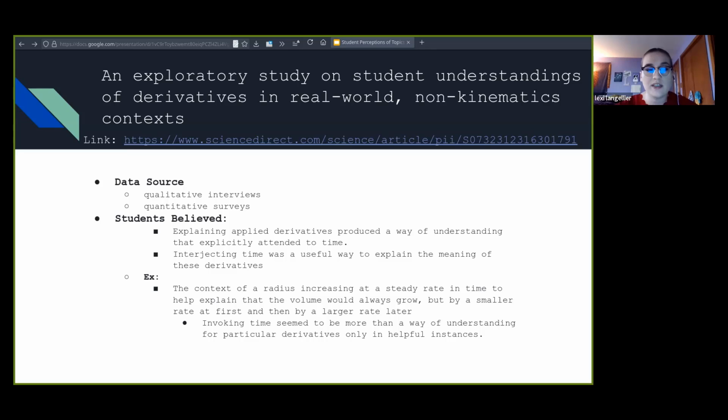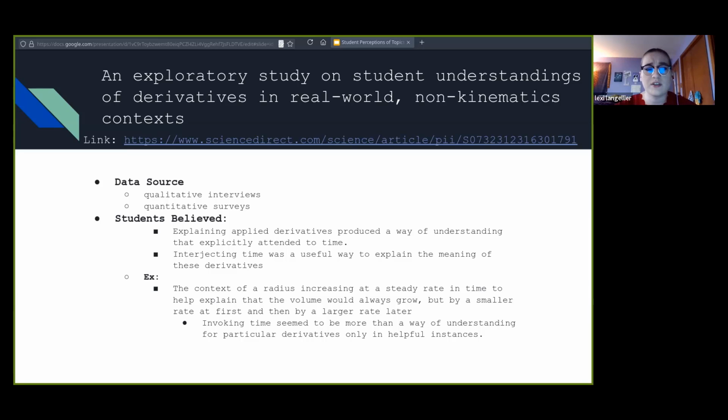And then they also used quantitative surveys, which was more pre-structured or deductive. They were looking at how students classified different models for derivatives outside of basic kinematic examples. So how do students treat other symbols in their expressions? How do students interpret rates of change? And how do students invoke time even when it's not required?